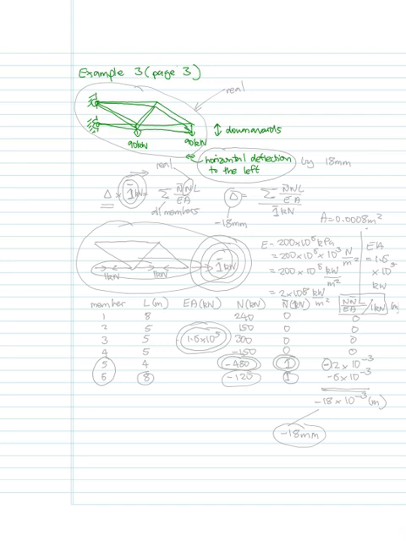So we would expect the truss to move downwards under that load, and we would also expect the truss to move to the left. So if we wanted to calculate this horizontal deflection to the left, what do we do?